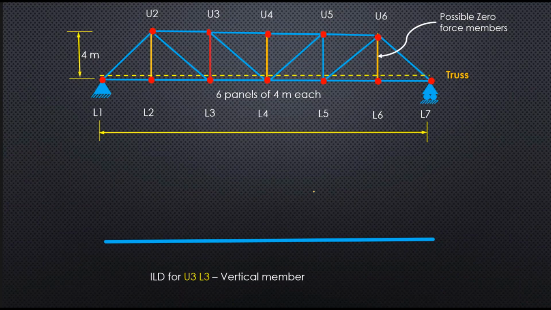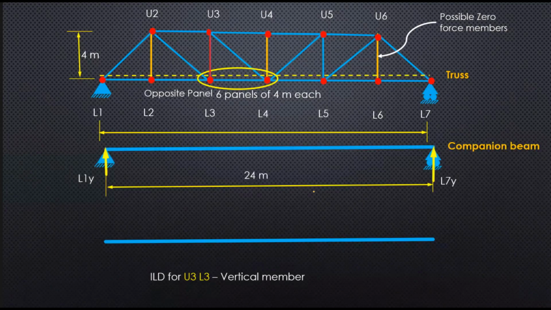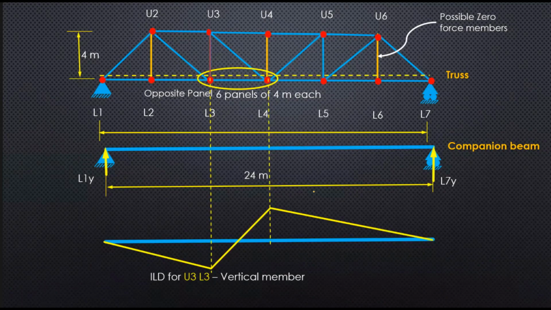For the vertical members, we don't locate an opposite node, we locate an opposite panel. Then I draw the companion beam and draw the variation of the force in that.